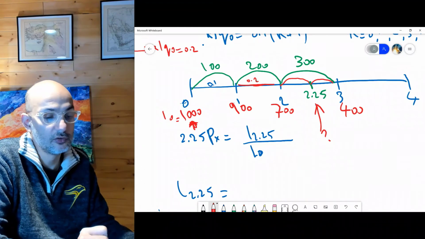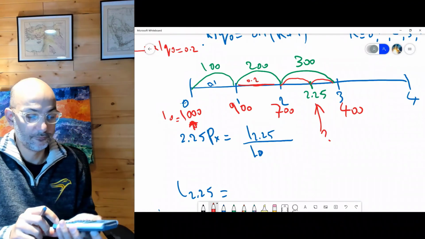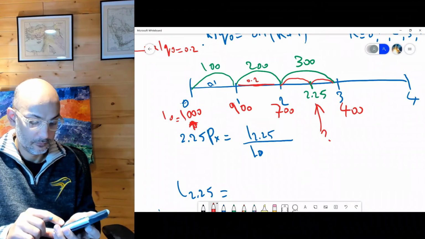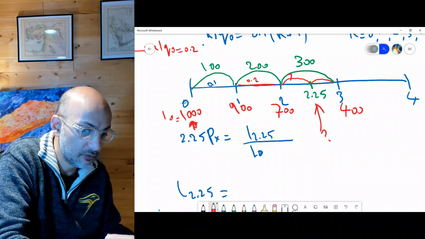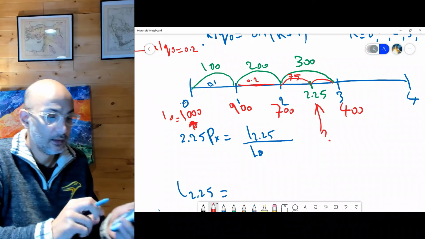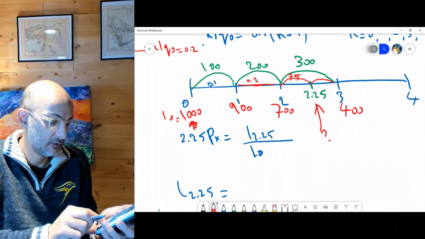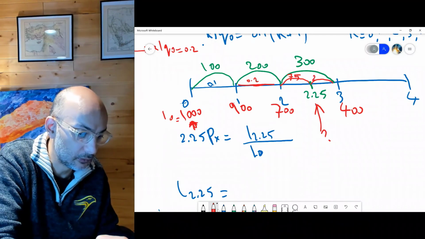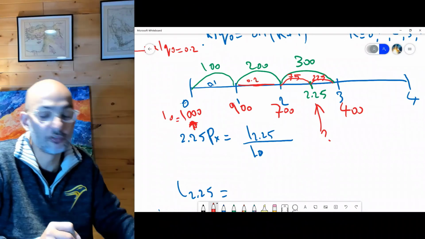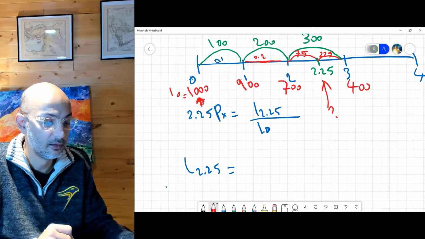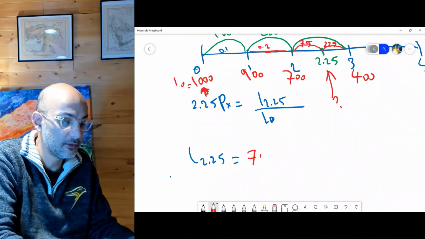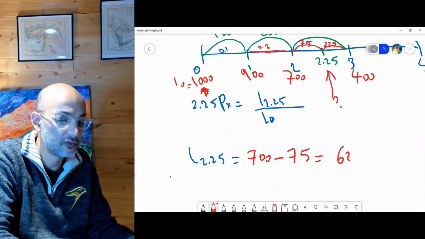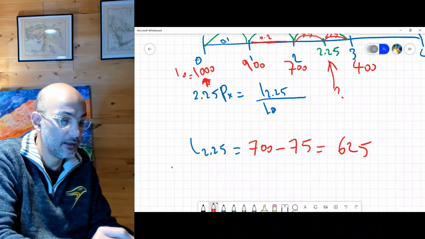A quarter of the 300. So it means that we have 75 deaths here, and 225 here, because it's a uniform distribution of death. It's simple. So now L is 700 minus 75, which is 625.